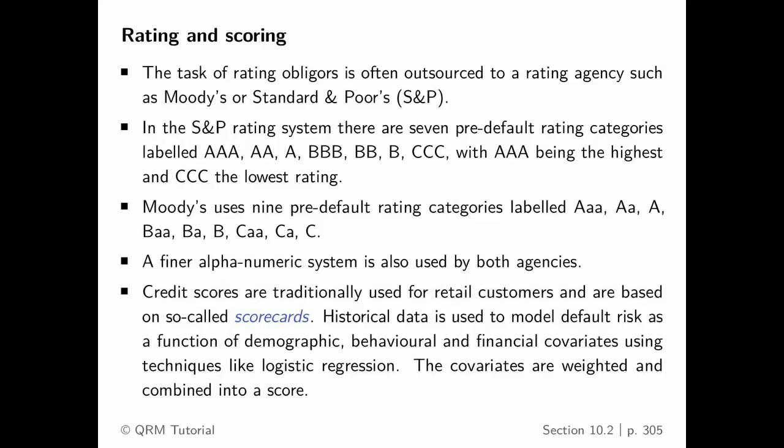And so I think we will move fairly rapidly through this section. Rating and scoring, there are a few slides about this. I think probably this is relatively straightforward. You're well aware of the role of the rating agencies, and you may know something about the use of scorecards in retail credit risk.